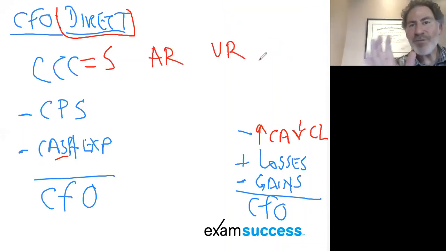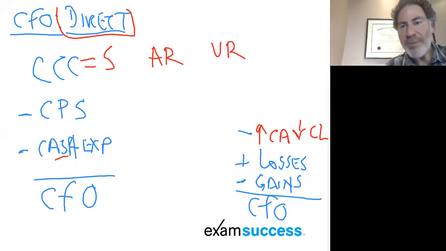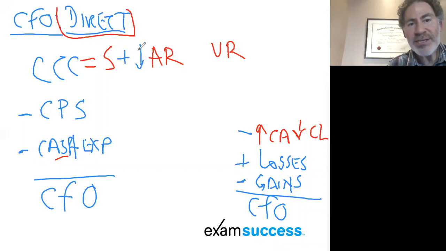So now let's just fill this in. I used to write plus and minus. I never liked that, because I never knew what to do. So I'm going to add a decrease in the accounts receivable. What does that mean? It means that I collected the cash. I'm going to subtract an increase in the accounts receivable.